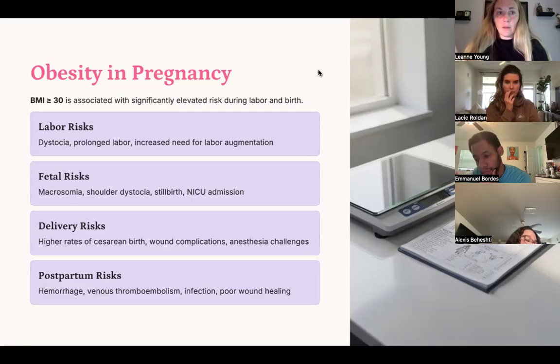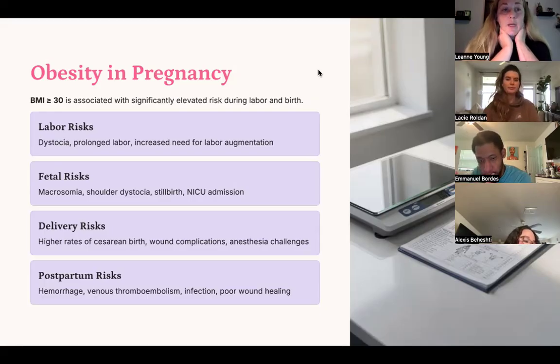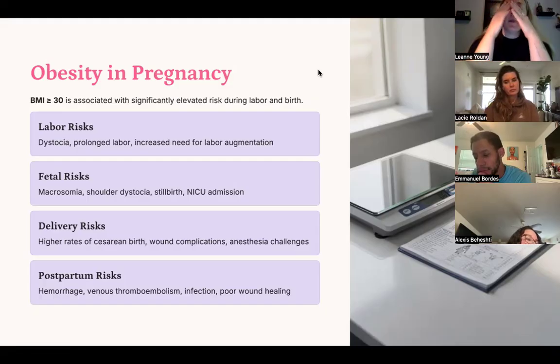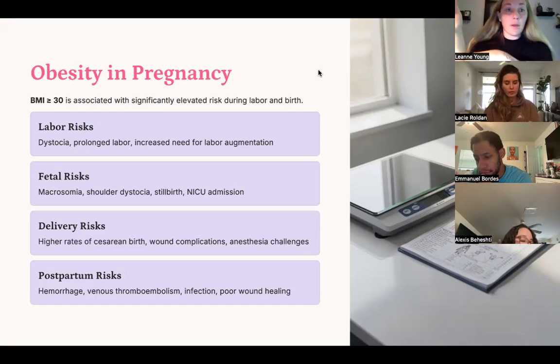We see babies that need monitoring a lot more after delivery because of this as well. Because of the macrosomia, we will also see shoulder dystocia and other birth injuries. Stillbirth is a big thing in this patient population, unfortunately, as well as NICU admission. So, when we're talking about stillbirth, right, this can be because of gestational diabetes, this can be because of other maternal complications that are impacting our pregnancy.